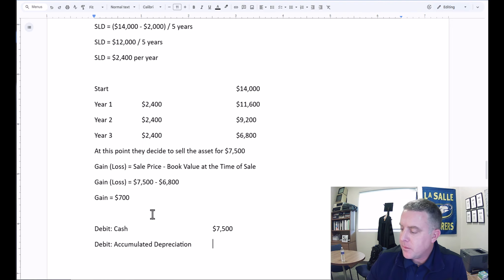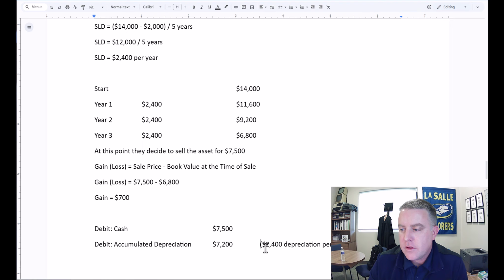This accumulated depreciation number is equal to the $2,400 per year times 3 years, or $7,200. I got this by saying $2,400 depreciation per year times the 3 years that we owned it.